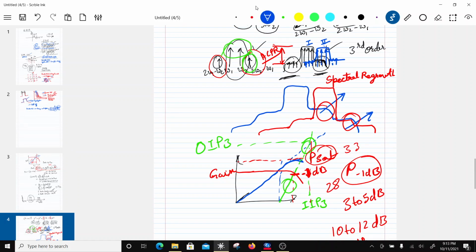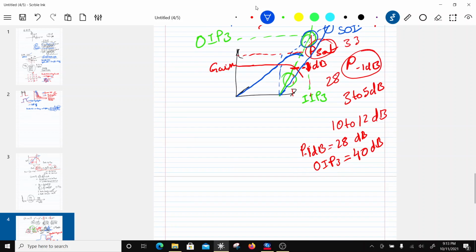They are going to go at twice the rate. So they are going to meet much further compared to TOI, right? They are going to meet much further here. That will be called SOI, and SOI is another 10 dB above that. So in this case, I can say OIP2 would be 10 dB above that, so around 50 dB.